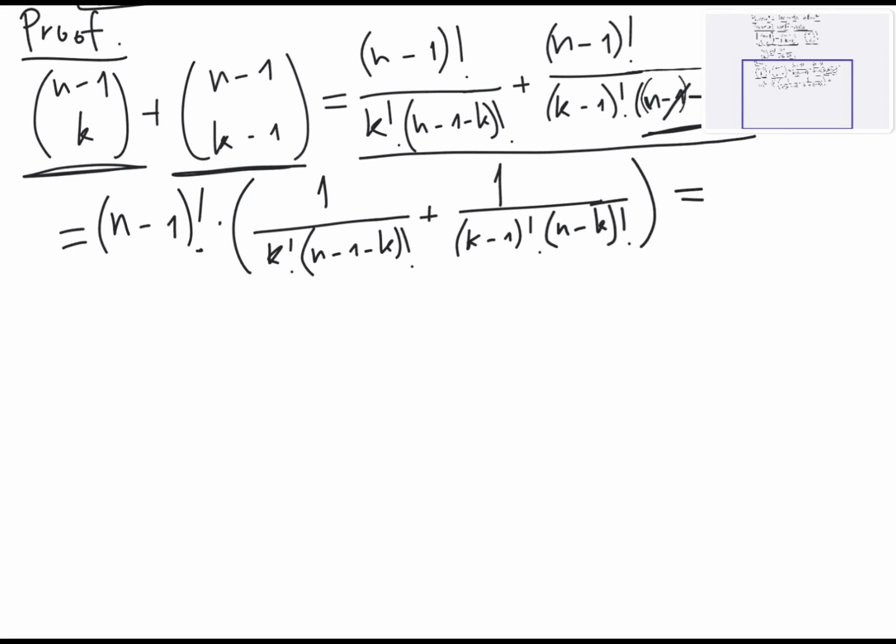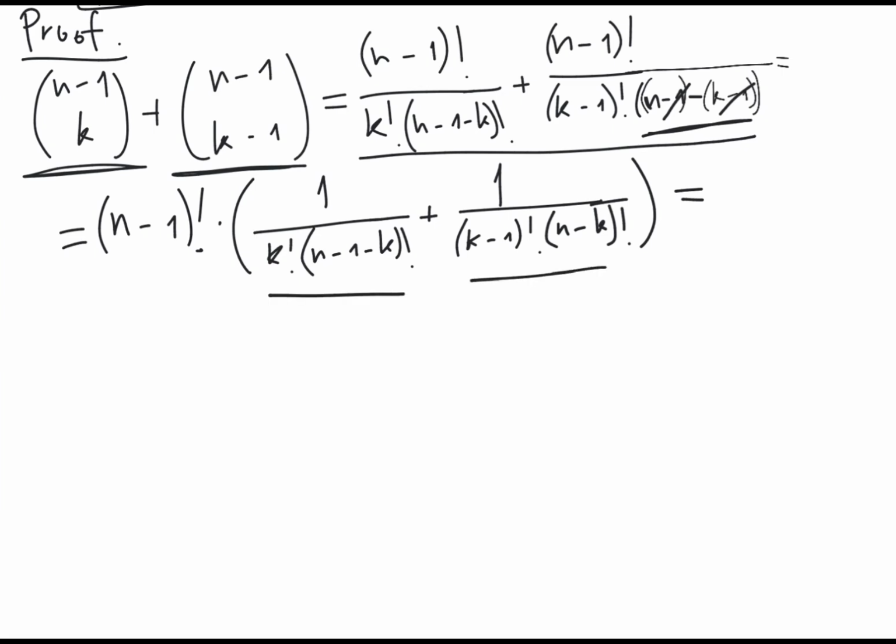Okay, and so now we notice that what we have in the denominator is almost similar in this fraction and in this fraction, right? Here we have k factorial, and here we have (k minus 1) factorial, right?